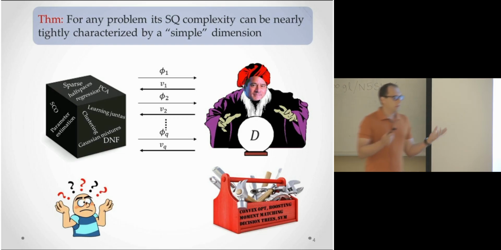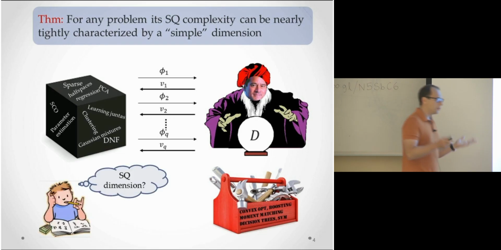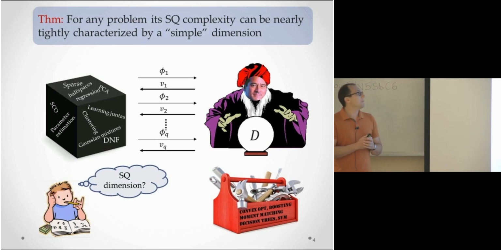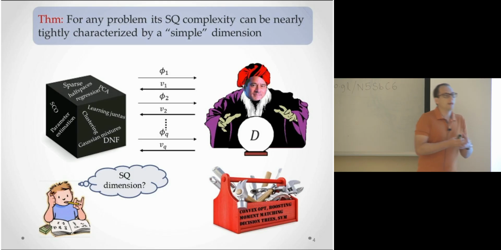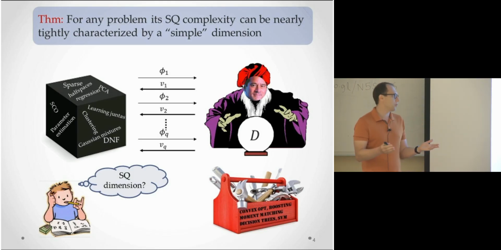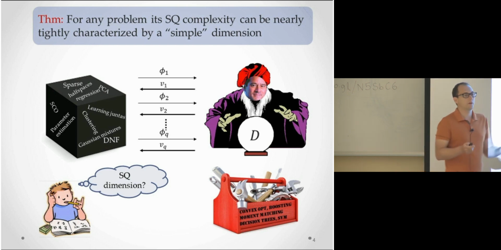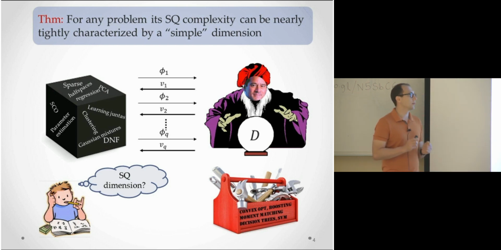So basically, you can actually just go ahead and compute it. There are some problems for which computing it might be relatively hard, but you can just ask Ohad and he will help you. So at the end of the day, we get a dimension which we can analyze without having to solve the P versus NP problem in the process. And at the same time, it captures the power of the algorithms we most care about in machine learning.